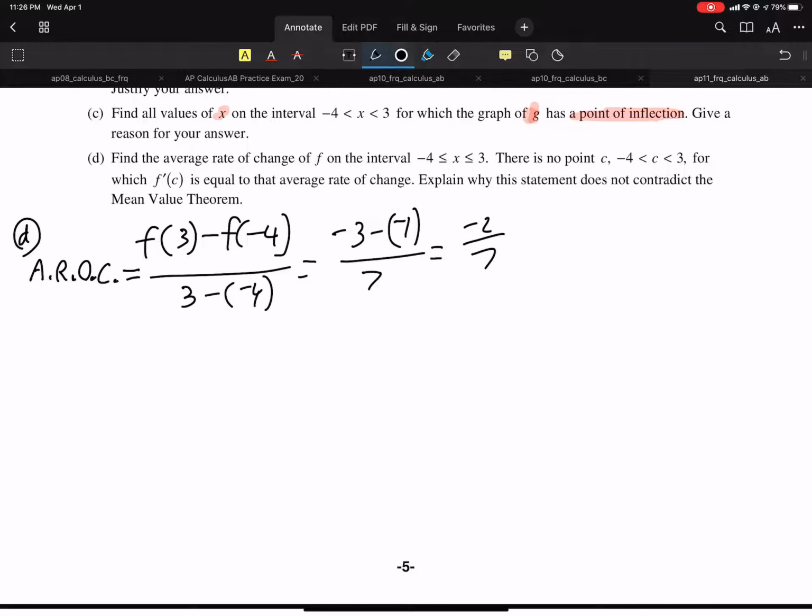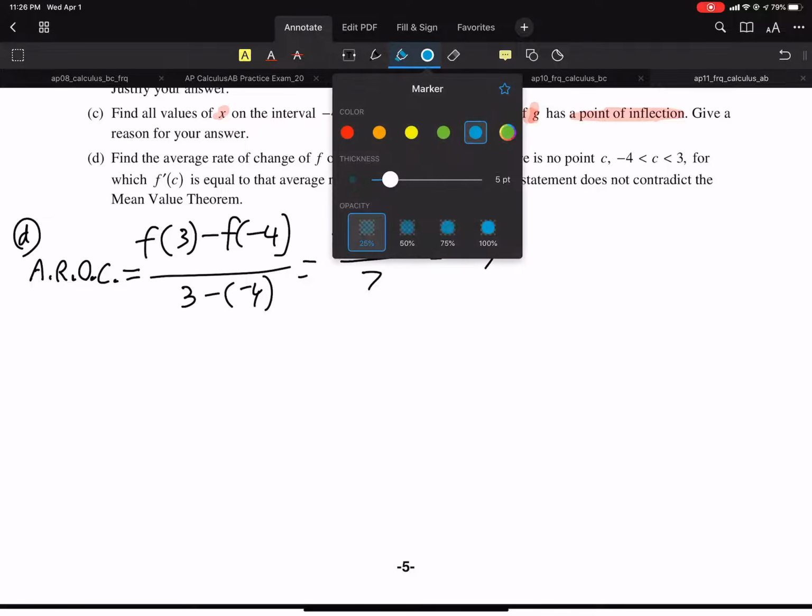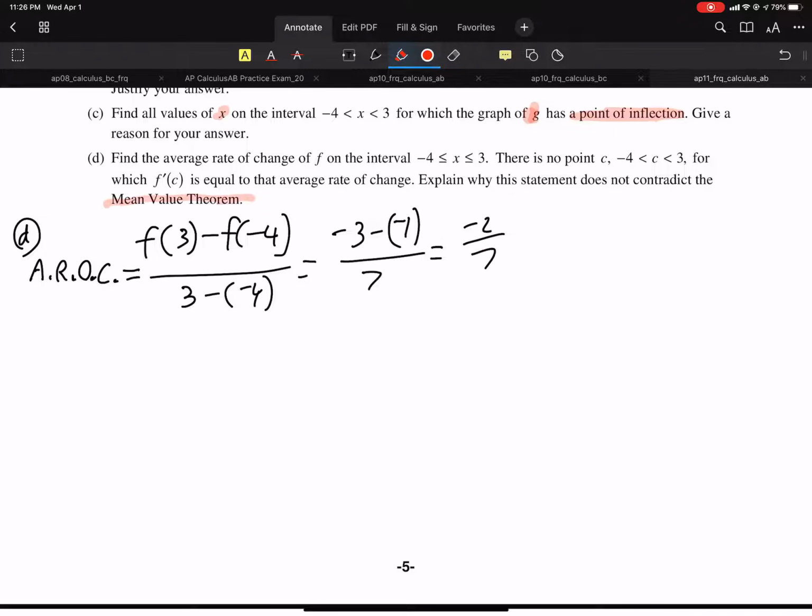Now, what's it asking? The mean value theorem says that there must be a point where the average rate of change equals the instantaneous rate of change, or the derivative, where the derivative equals the average. And it has to occur somewhere in that interval. So why is this not true? It's supposed to be true according to the mean value theorem. So we know the mean value theorem works.